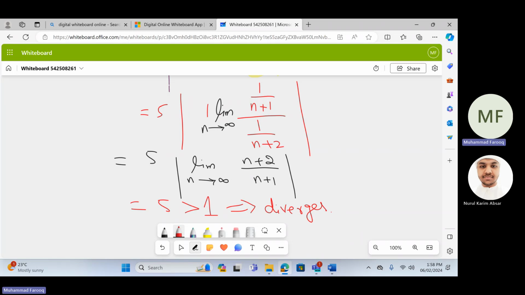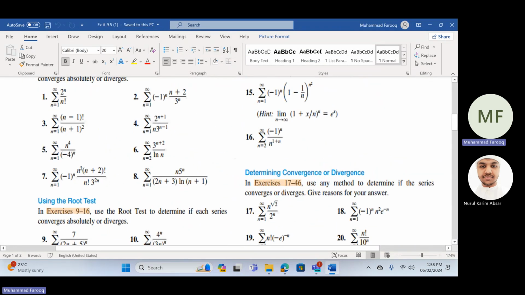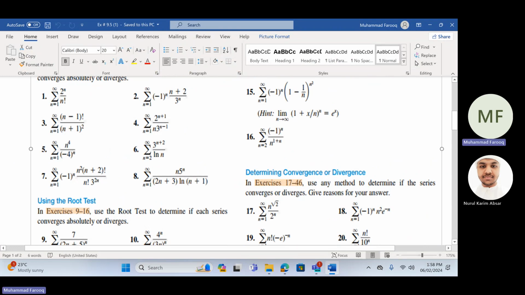So this is the ratio test. There are a few questions here, not many. You can try these questions based on the ratio test. In the last class, I think I answered 7, this factorial one. Can you try the third question, because it has a factorial also?